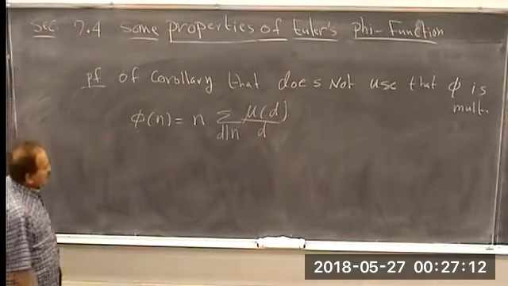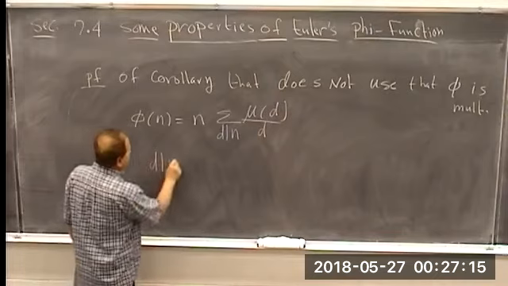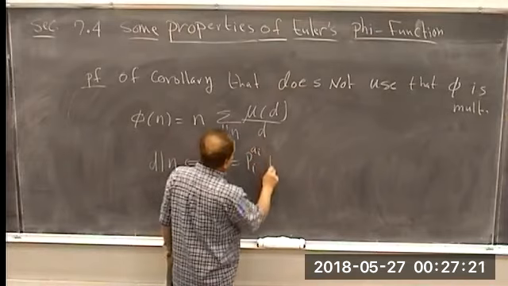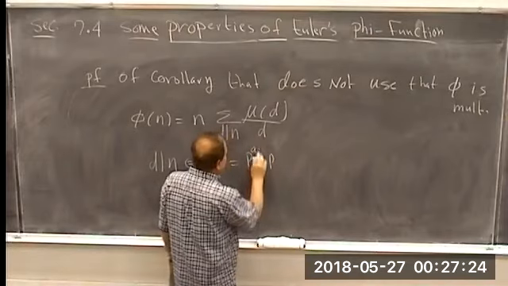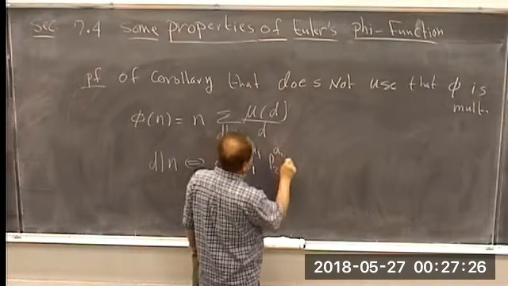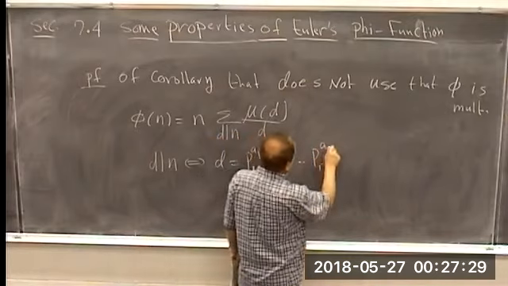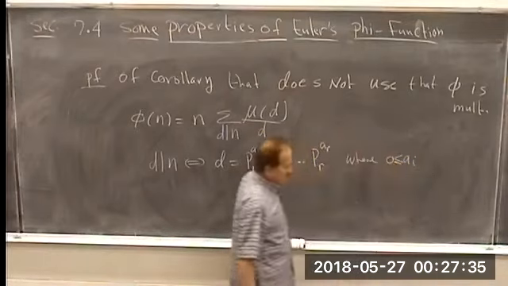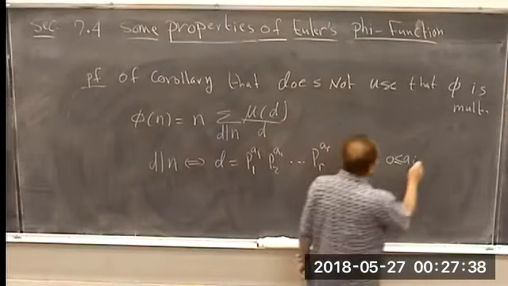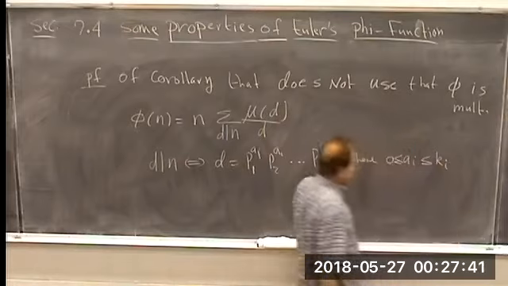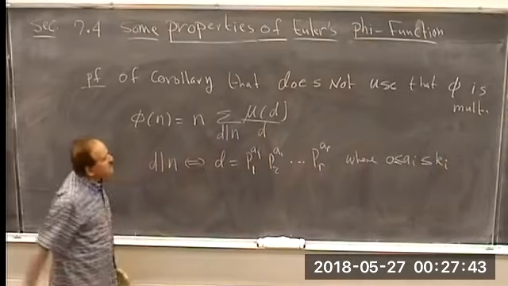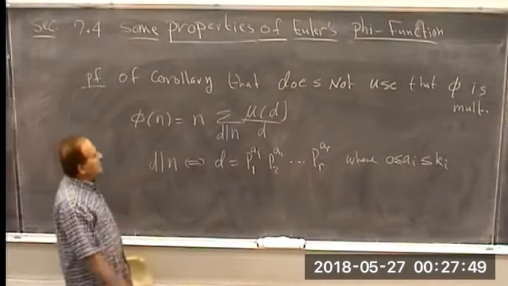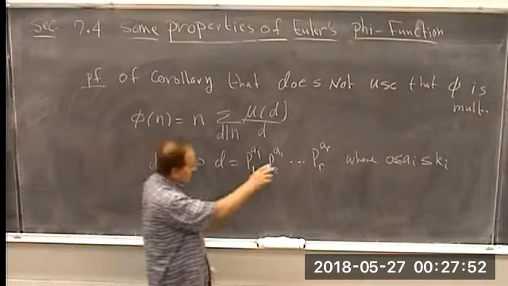Now remember that a divisor d divides n if and only if d is equal to p1 to the a1, p2 to the a2, up to pr to the ar, where these a's could be equal to 0, meaning they are missing, or could be less than or equal to k sub i for every i. So a divisor consists of some of the primes contained in n. Some of them could be missing, and some of them could be smaller than the k sub i.